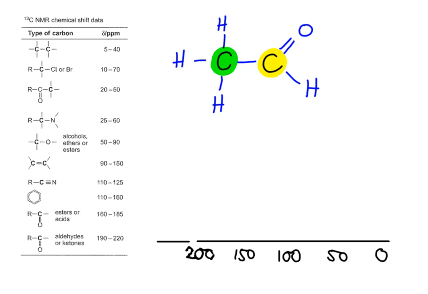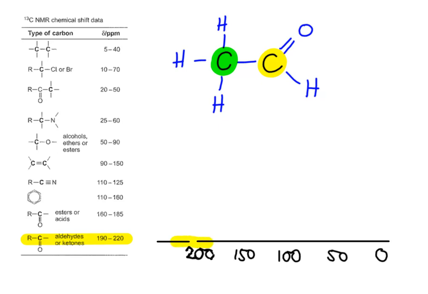Now see if you can find these carbon environments in the table on the left hand side. So the carbon that I've highlighted in yellow, the one in the carbonyl bond, is one of those. So we've got an aldehyde, and we'd expect to see a peak for that carbon around about 190 to 220.